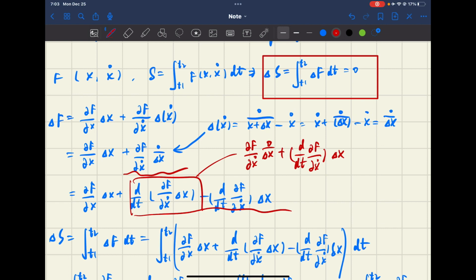And in order to get this term, we subtract this term.